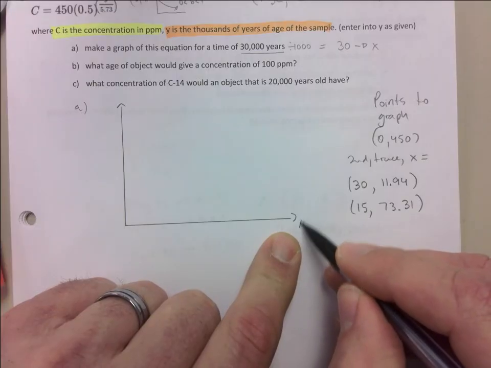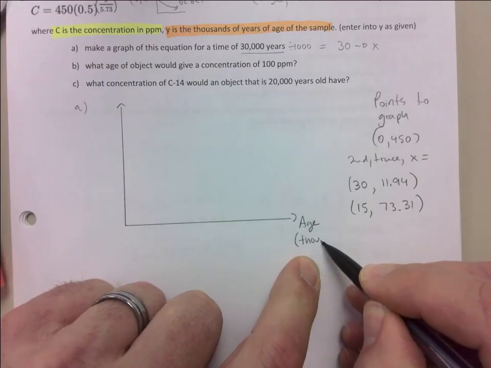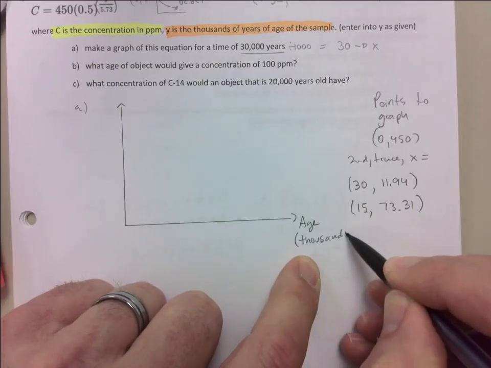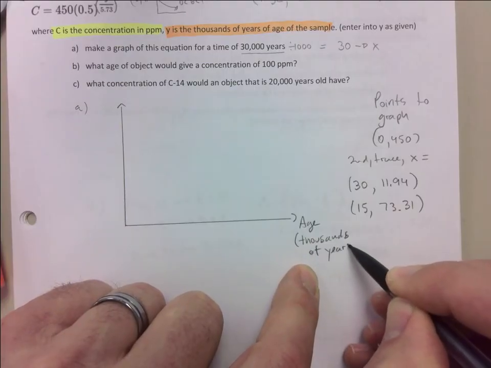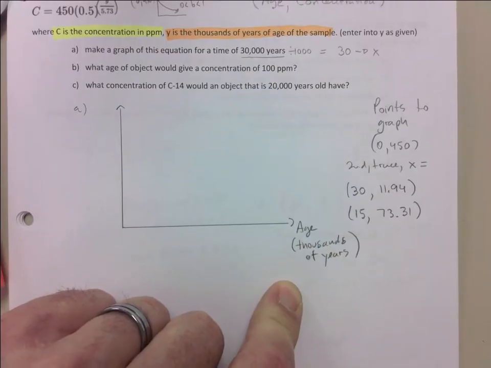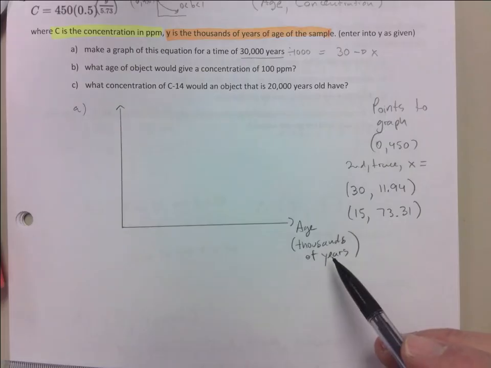So this is the age in thousands of years. Basically just go and see what the units are that I'm given, and that's what you paste in here.